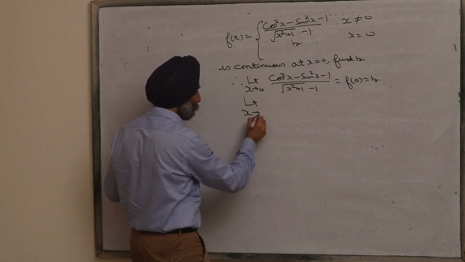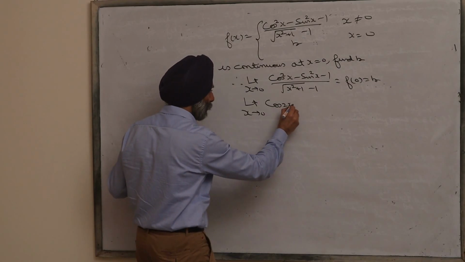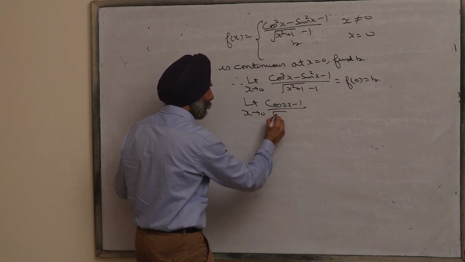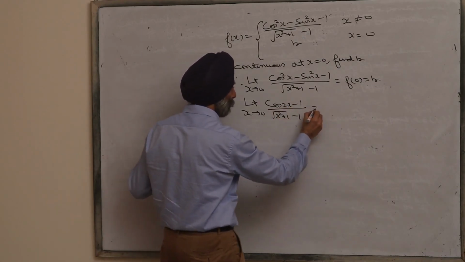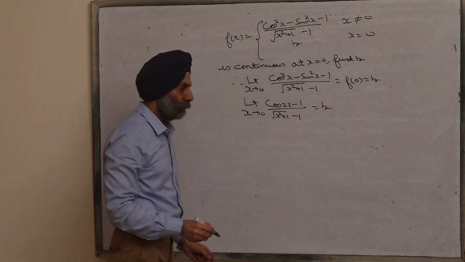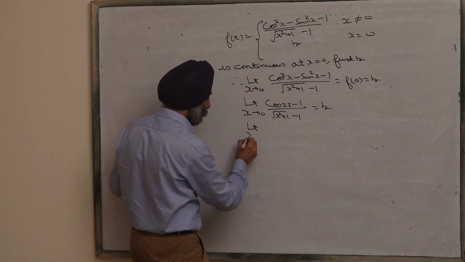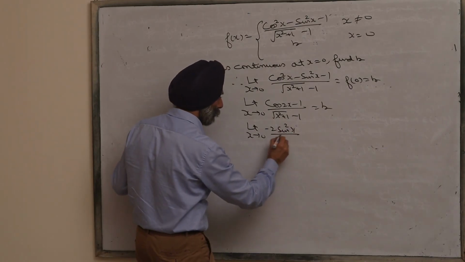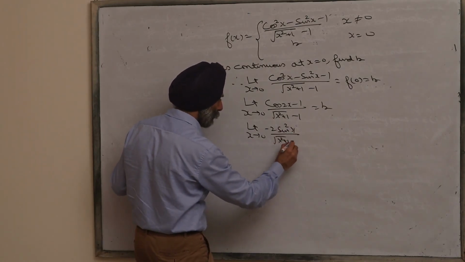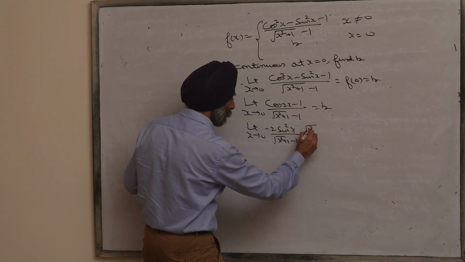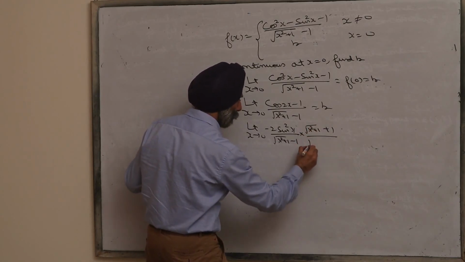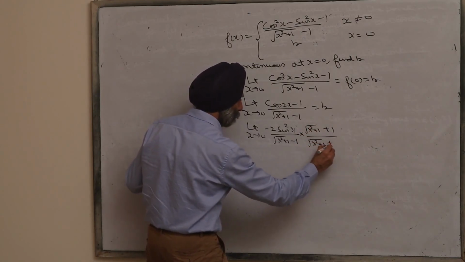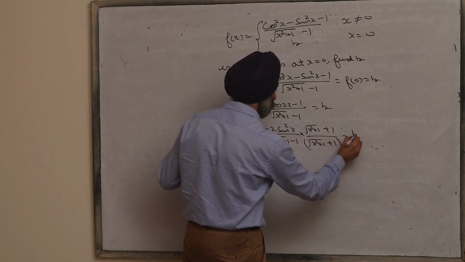Or limit x approaches to 0 of (cos 2x minus 1) upon (under root of x square plus 1 minus 1) must be equal to k. So can I write down the numerator as minus 2 sin square x? Now rationalize the denominator by multiplying by under root of x square plus 1 plus 1 upon under root of x square plus 1 plus 1. This must be equal to k.